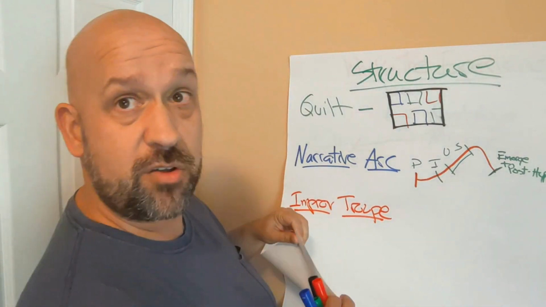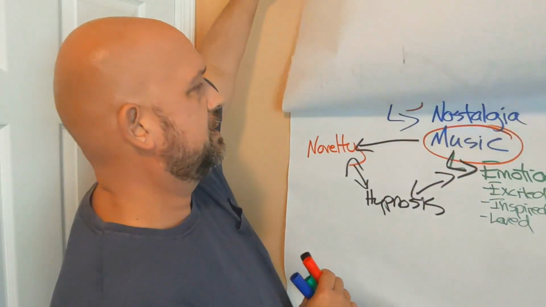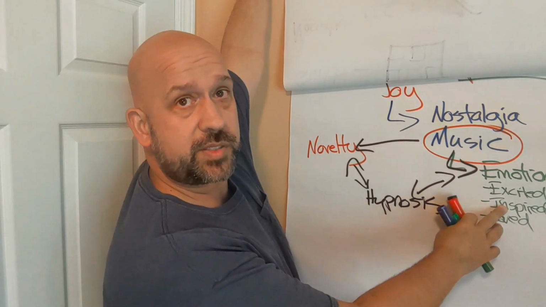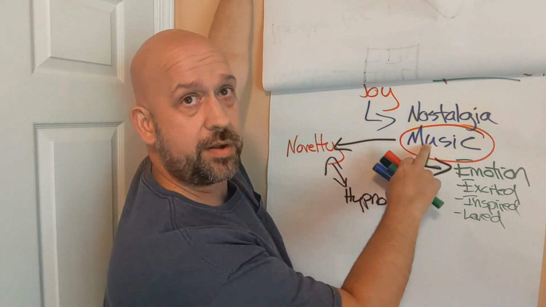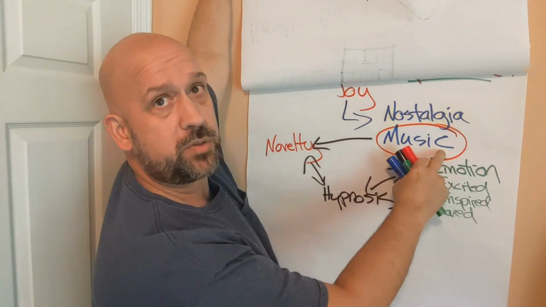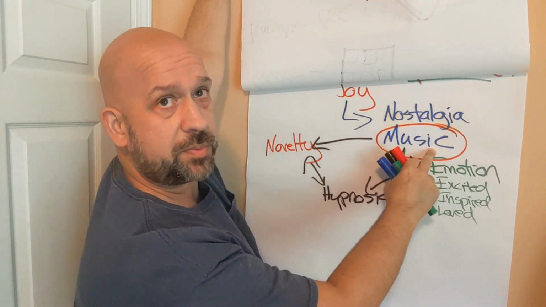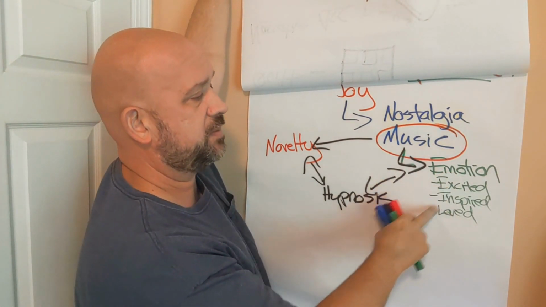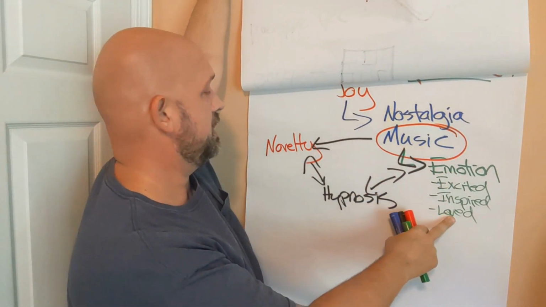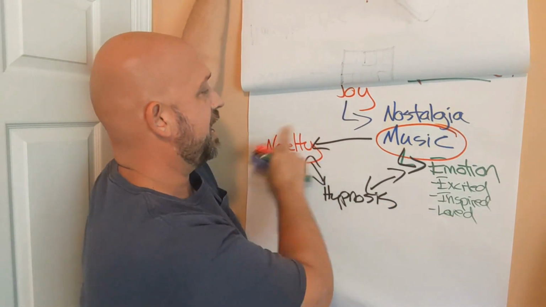I have it here, and I'm going to layer this as I keep doing these videos for you guys. Remember, what I really want to achieve is a show that's focused on what people love about music, the different cultural ways in which people experience music in a way that activates them emotionally, gets them excited, makes them feel inspired, makes them feel loved, and that creates a feeling of novelty.